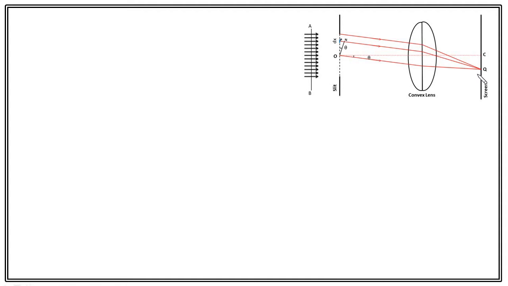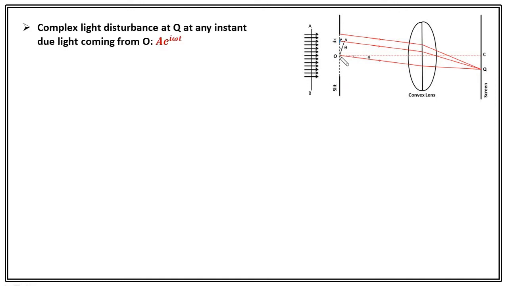What will be the disturbance at point Q due to light coming from point O? As we know, light is of wave nature and any wave can be represented as A e to the power i(omega t minus kx), where kx is a phase part introduced due to space. Now as we are observing the disturbance at a particular point, let's say Q, the space part is constant.